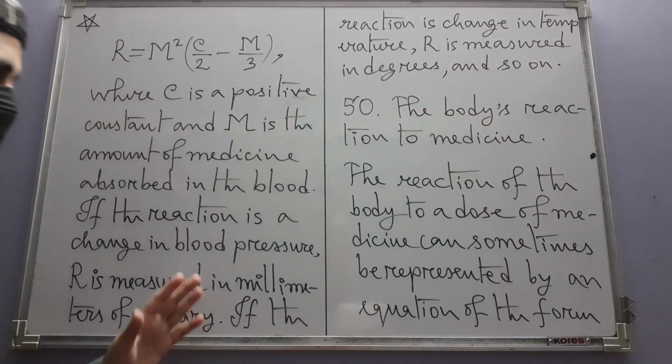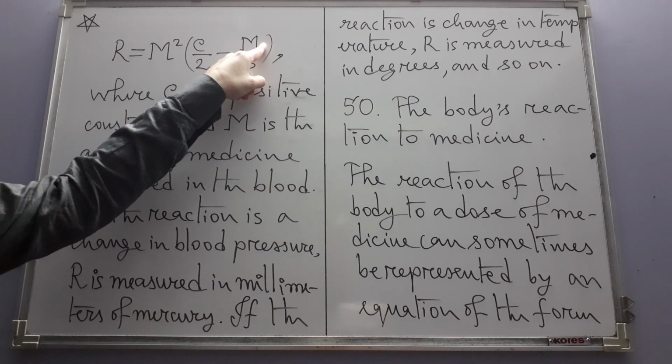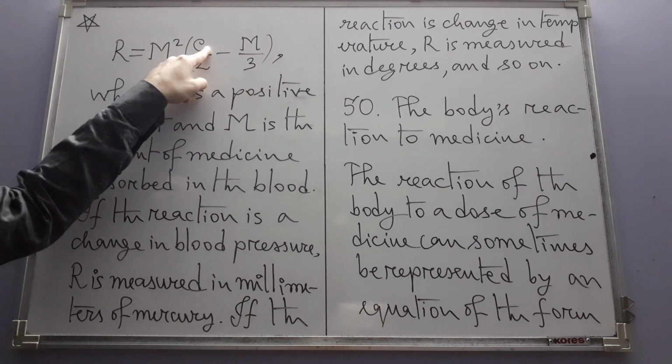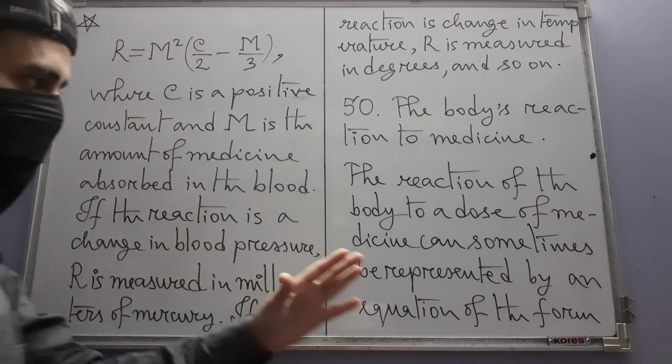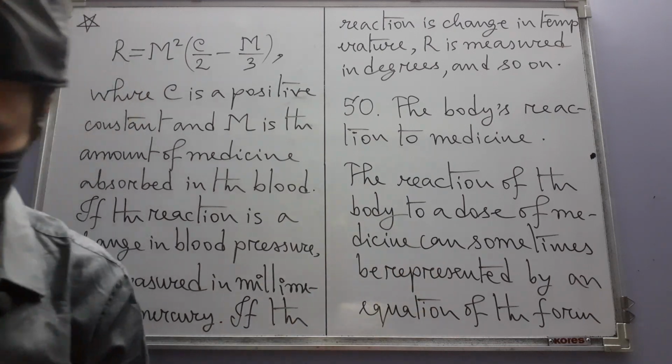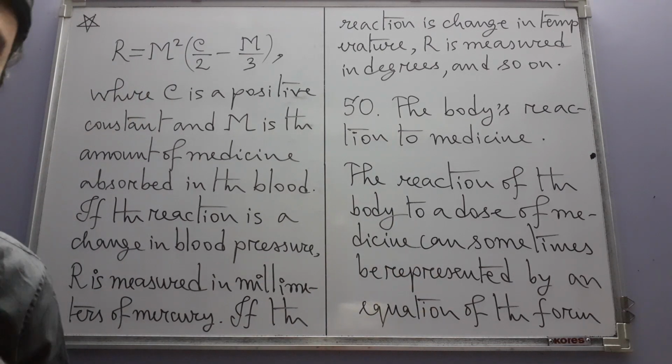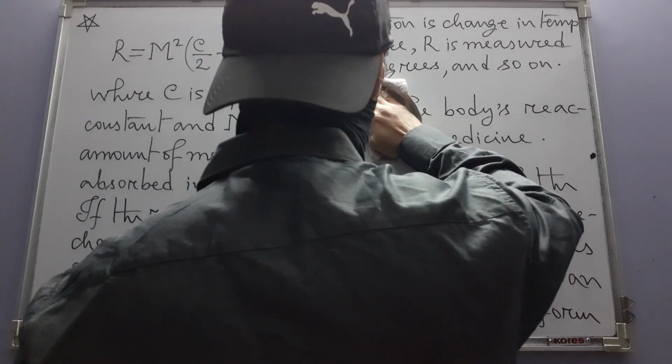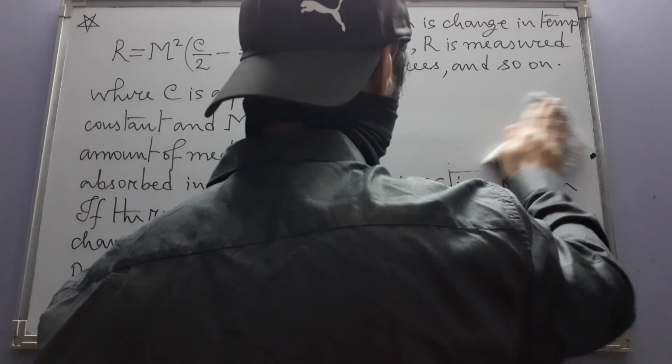So these are the quantities. M is the amount of medicine in the blood, C is the positive constant, and R denotes some kind of change in some quantity of interest, temperature or blood pressure.